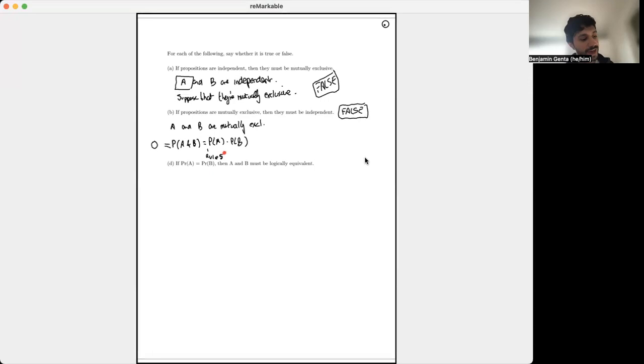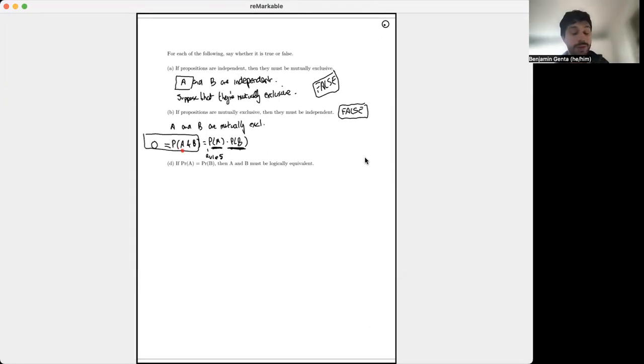So that would mean that this is only the case when the probability of A is 0 or when the probability of B is 0. But if the probability of A and the probability of B are both greater than 0, then they're not independent, right? Because we know that they're mutually exclusive.